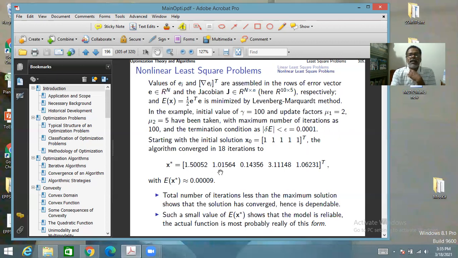So this turns out to be the values of the parameters, and for that the half of the sum of the squares of the errors turns out to be this, which is very small. Now this leads us to 2 conclusions.